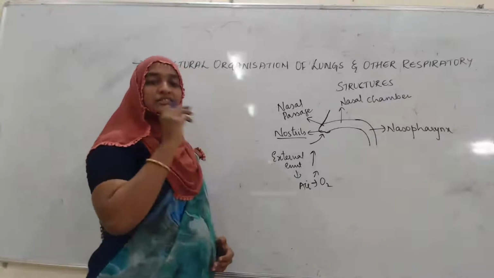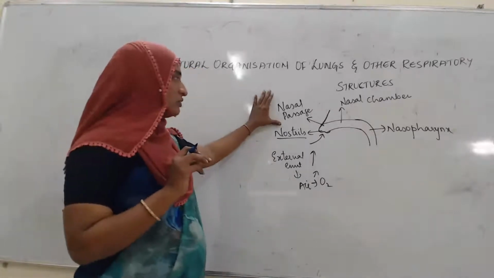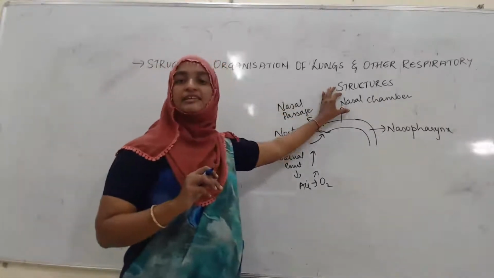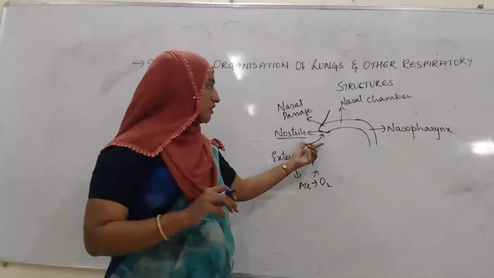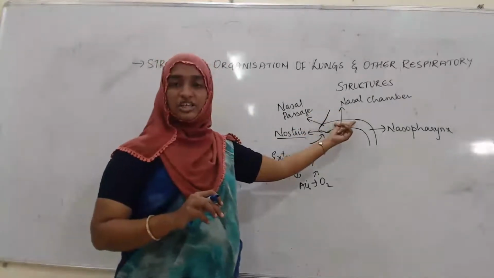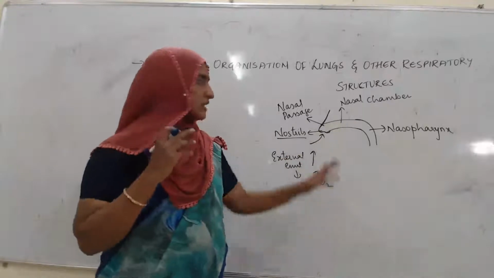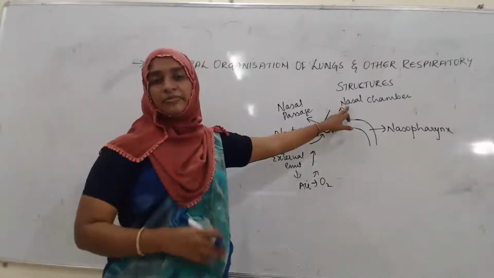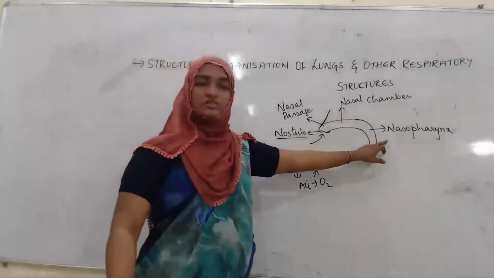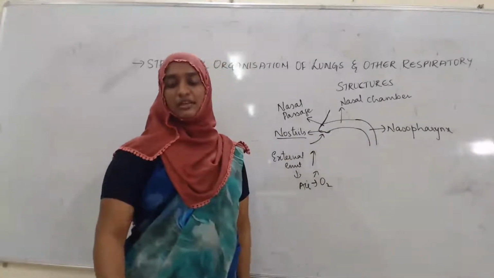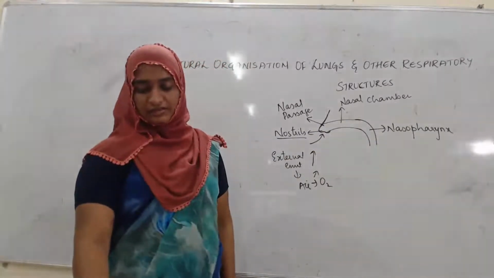The nostril passes the air through the nasal passage into the nasal chamber. The nasal chamber opens into a pharynx, which we call the nasopharynx.